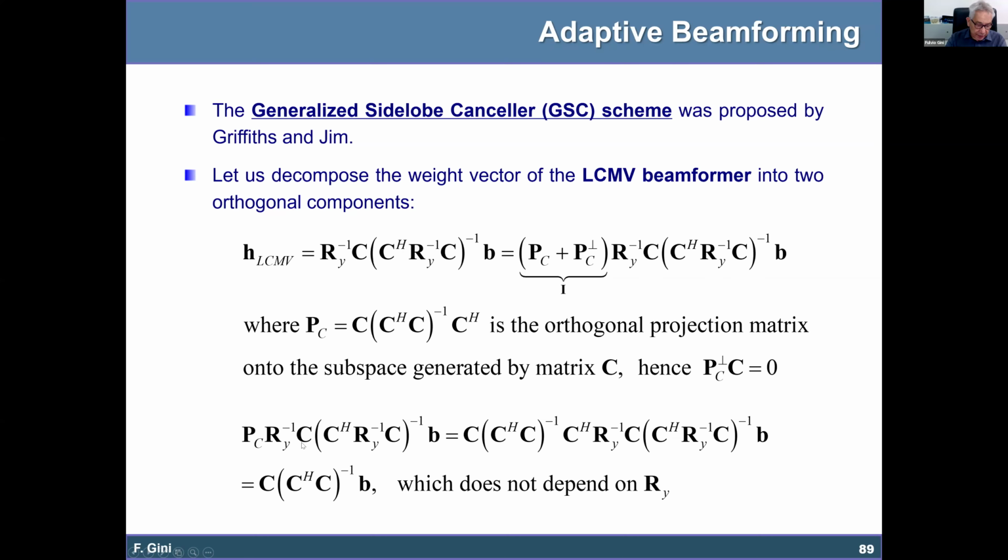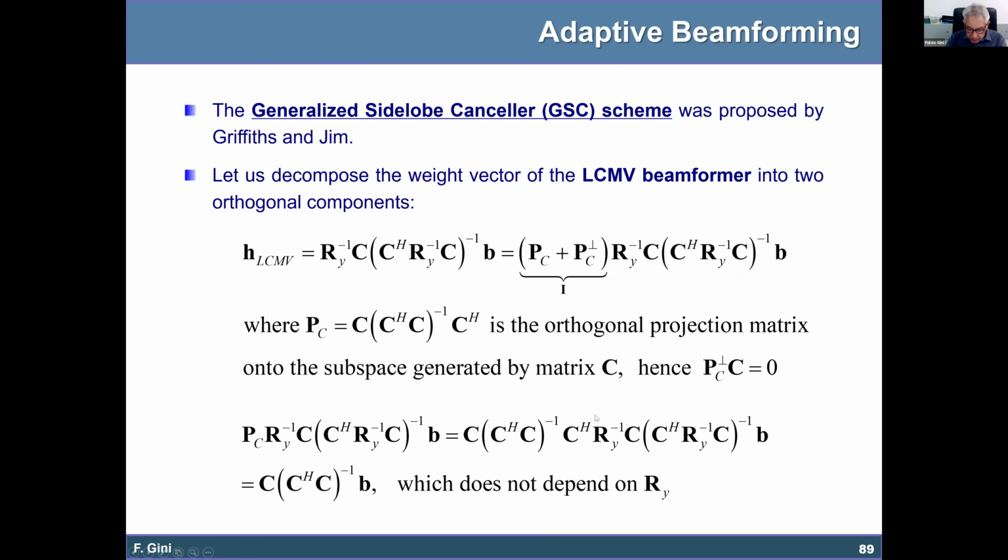Now, let's look at the first term. The first term is this one. Now, if you write explicitly PC, so PC is this one. So if you plug in PC this expression, you get PC, that is this one, Ry^-1, C, and then the inverse of this.